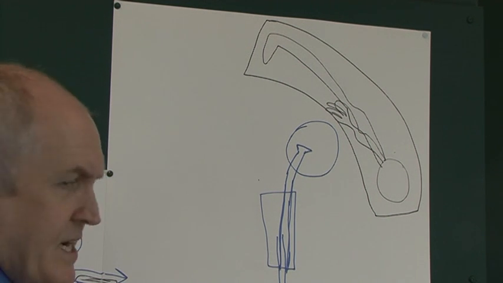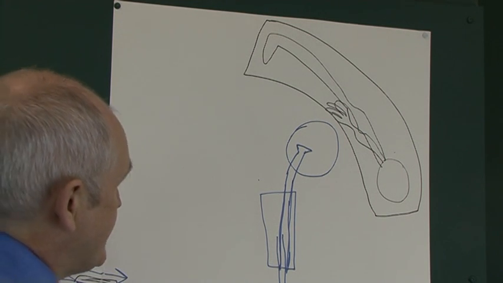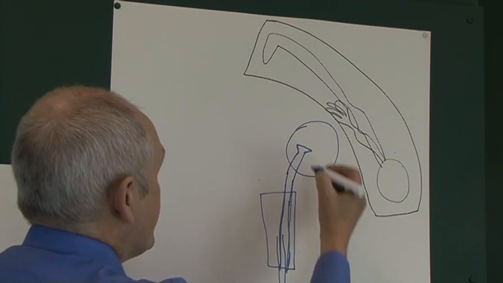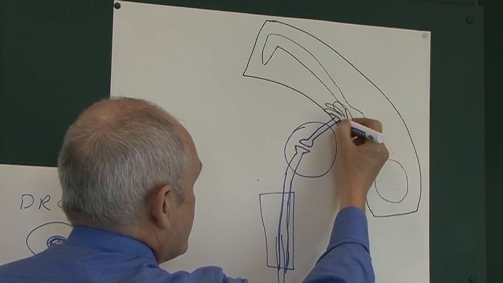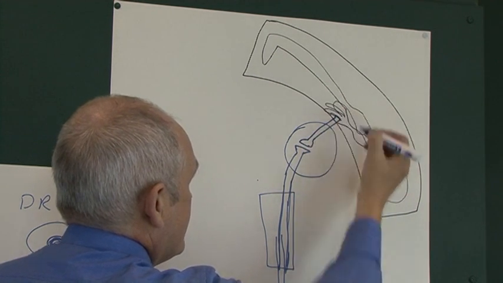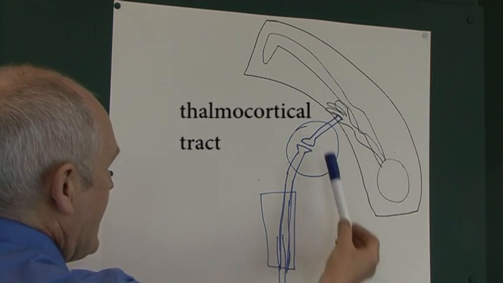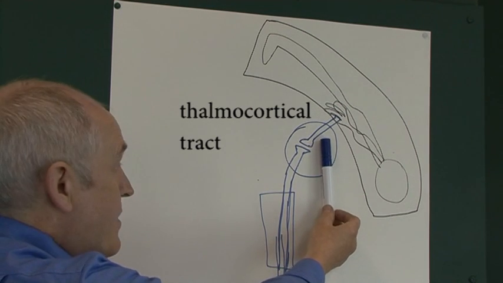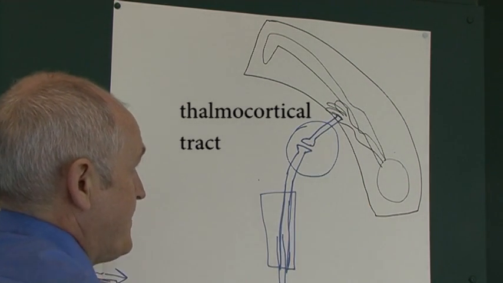What we need now is another set of nerve tracts, or in this case just one nerve fibre from this one example we're looking at, that takes it to a particular part of the sensory cortex. And this is called the thalamocortical neuron. Thalamus cortex, thalamocortical neuron.